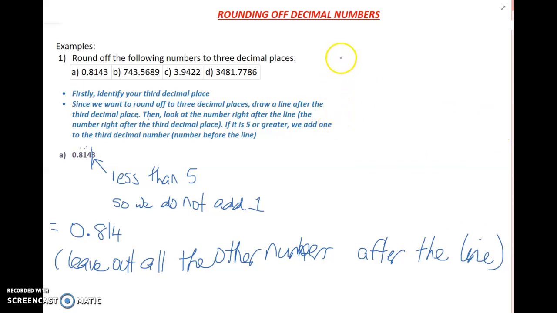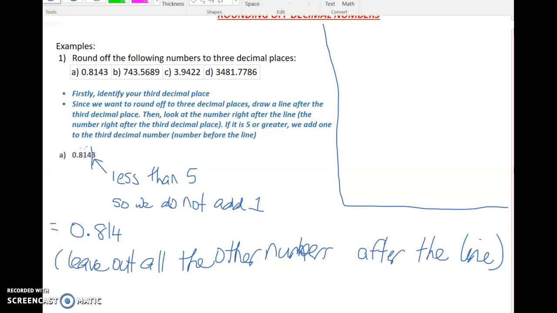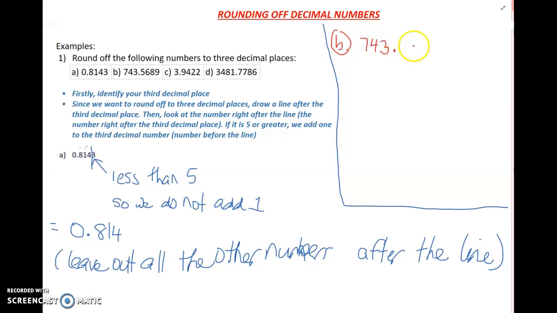Maybe we can look at one right in the corner here. So we are looking at now B. So let's look at B. So B is 743.5689.